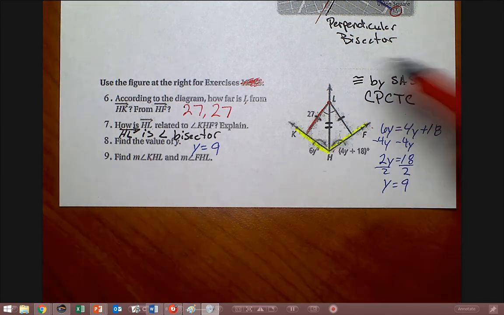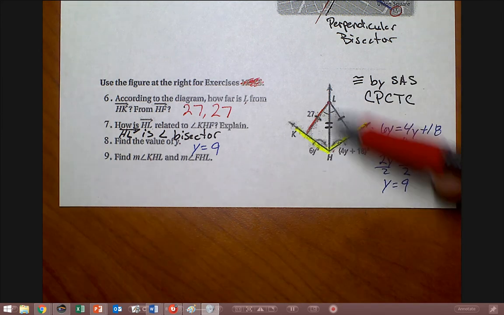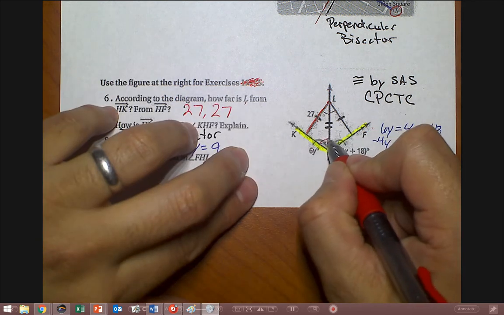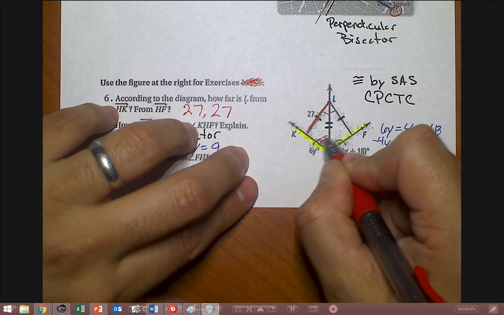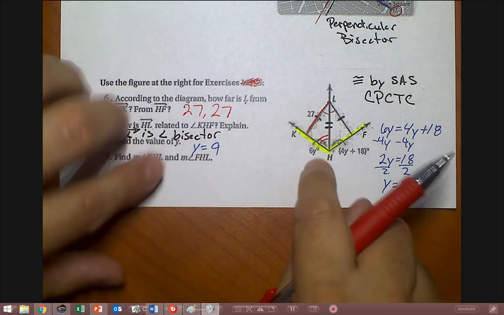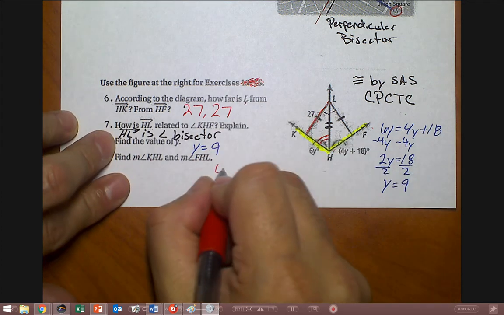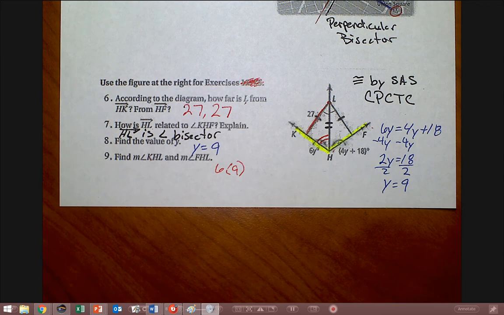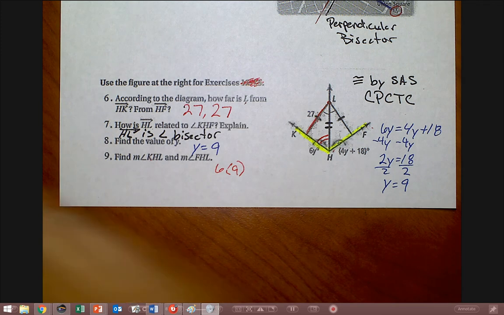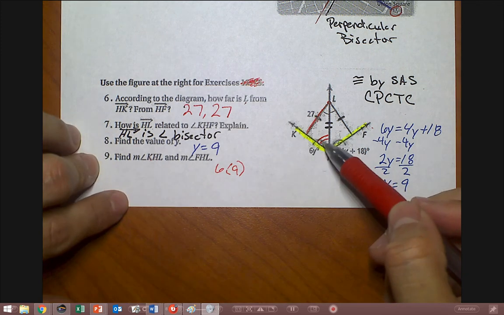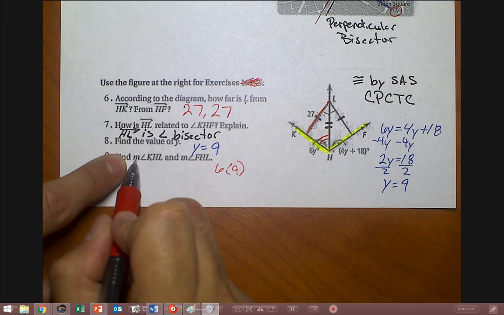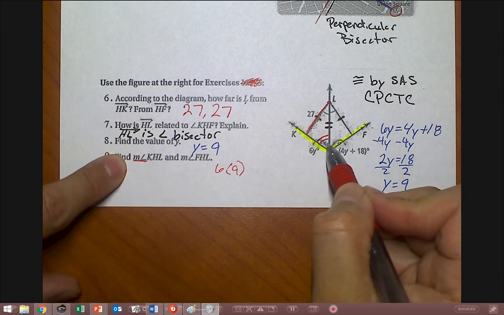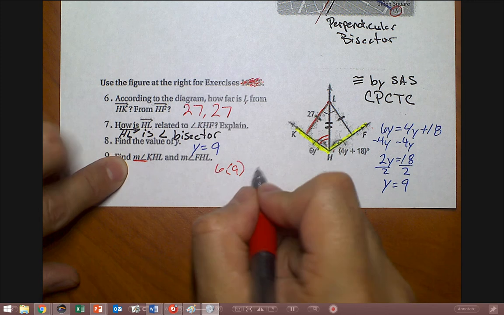KHL is this angle right in here, this piece right here. So it's going to be 6 times 9. Would you add 27? Why would I add 27? Because I only want this angle right here. See where it says the measure of the angle? I only want the angle. So 6 times 9 is 54.